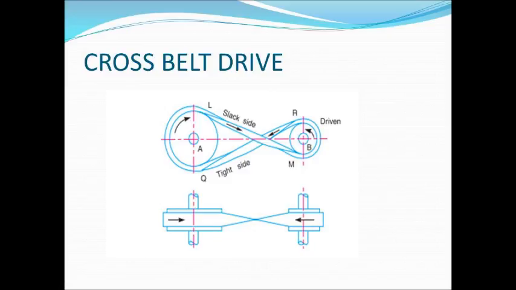Likewise, if the driver is going in the anti-clockwise direction, the driven goes in the clockwise direction, and power is being transmitted from one pulley to the other by means of the belt.